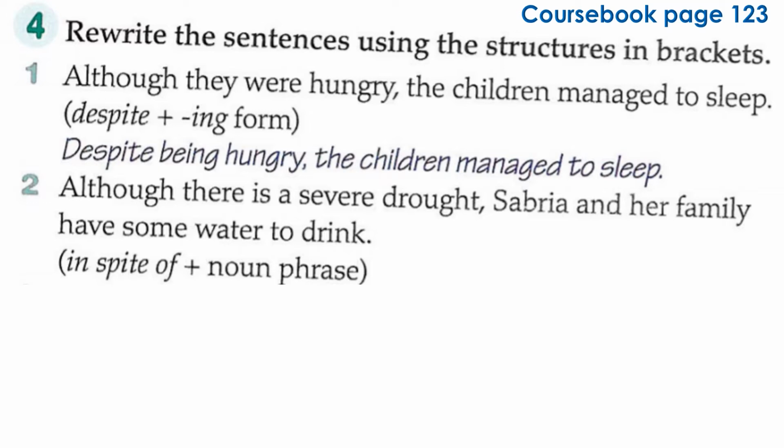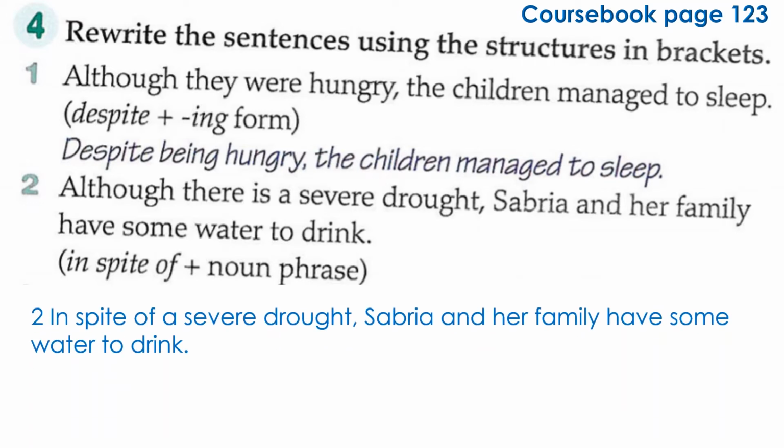Number 2. Although there is a severe drought, Sabriya and her family have some water to drink. Change this sentence by using in spite of, which should be followed by a noun phrase. How can you do it? Possible answers.